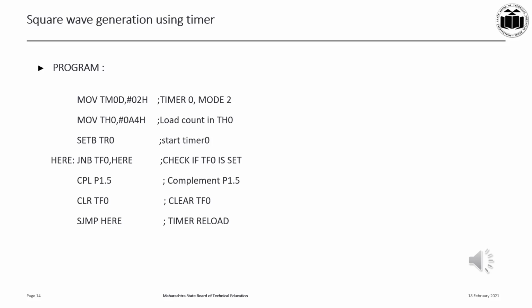Again, after 0.1 milliseconds, when overflow occurs, the pin is complemented, so the pin is again made high. Thus, the pin P1.5 remains high for 0.1 milliseconds and remains low for 0.1 milliseconds, giving us a total time period of 0.2 milliseconds and a frequency of 5 kilohertz.